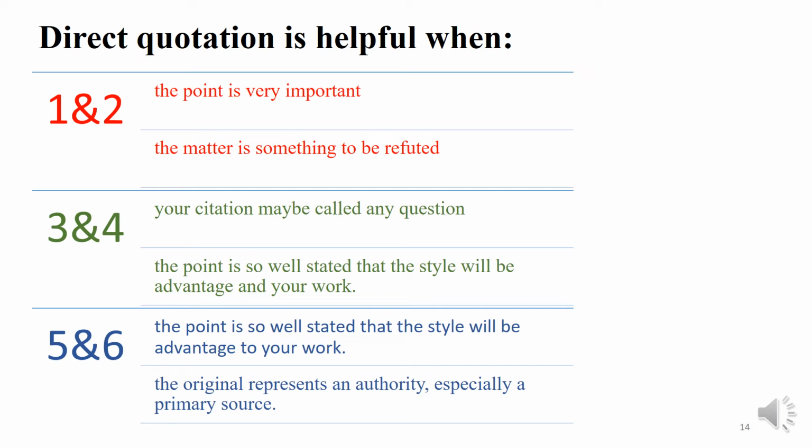Or your citation may be called into question. Or the point is so well stated that the style will be an advantage to your work. And also when the original represents an authority, especially a primary source.